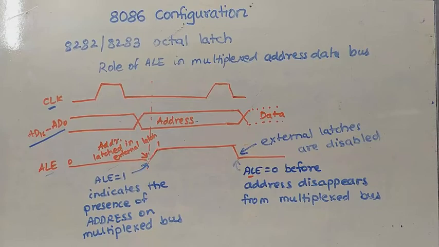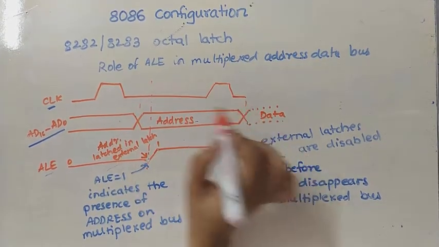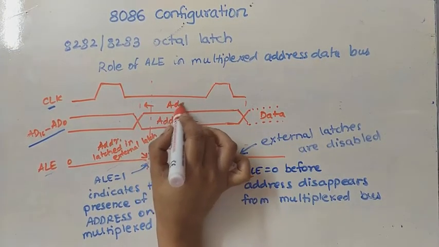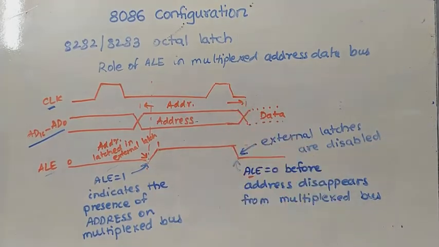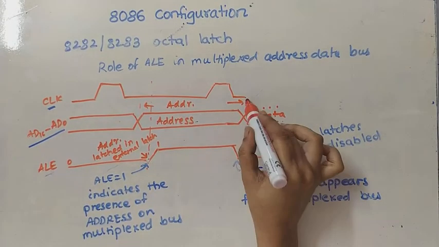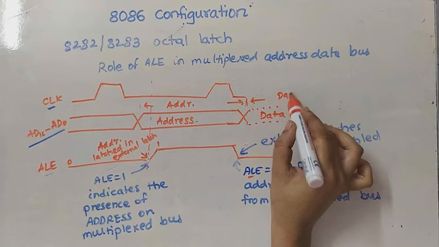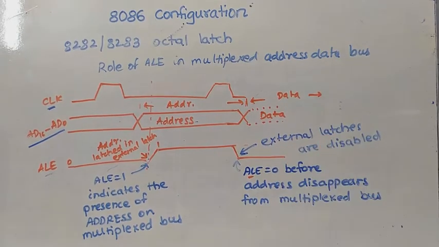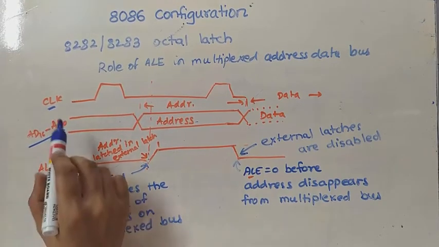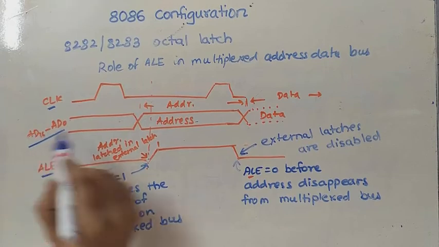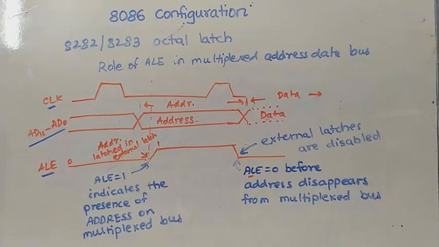From this point to this point the address is available on the multiplexed bus, and after that the same bus is used to carry the data. So this is the role of ALE in the multiplexed address and data bus, and in this way the same bus is used to carry address as well as data.